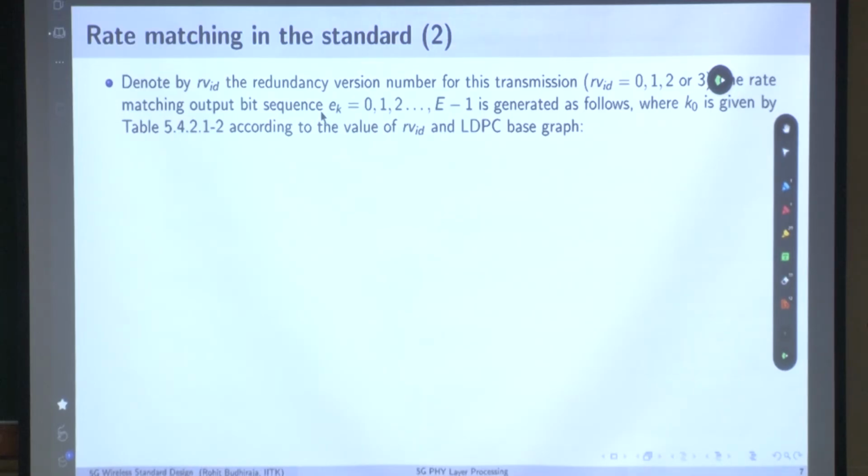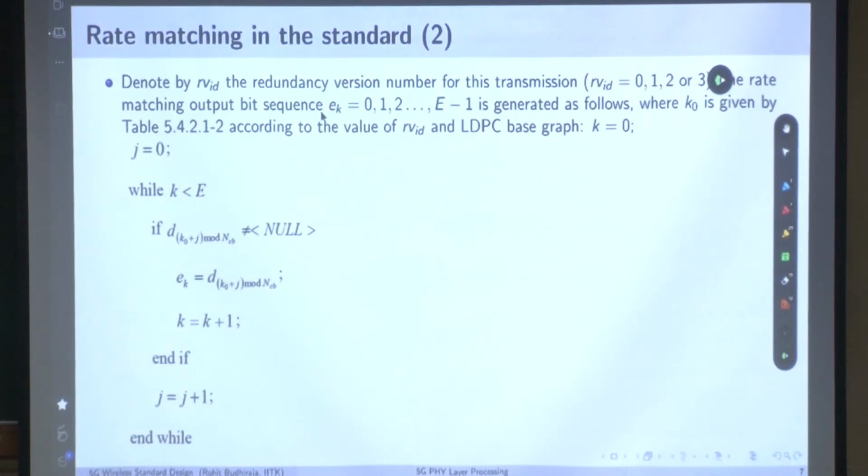That's what these instructions will tell you, where K naught is given by this table, and I have shown you how K naught, K1, K2, K3 are calculated. Based on this, you start reading from a particular RV ID: 0, 1, 2, 3.